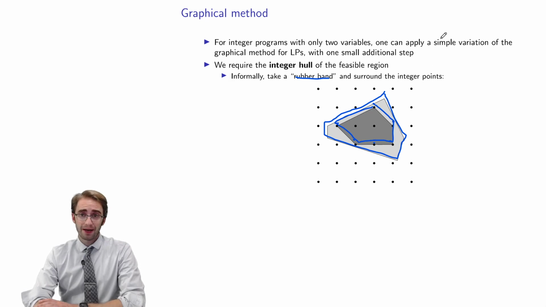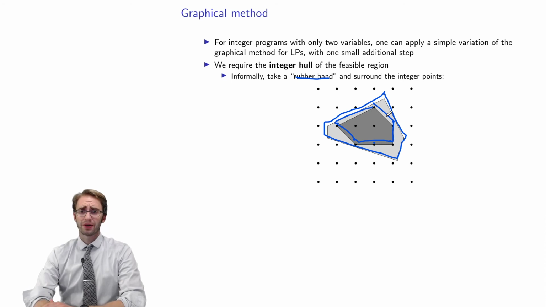What's interesting about it is that all of its corners, by construction, have to be integers, because I'm just wrapping a rubber band around these imaginary pegs. You couldn't have any corners that are not an integer.